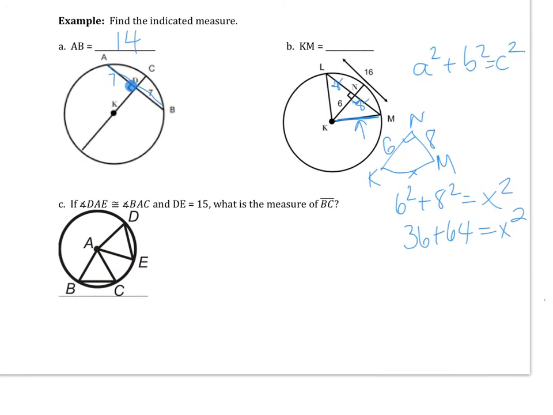So I got 100 equals x squared. So x is equal to 10. Again, that's the square root of 100 and the square root of x squared. So KM then is equal to 10.